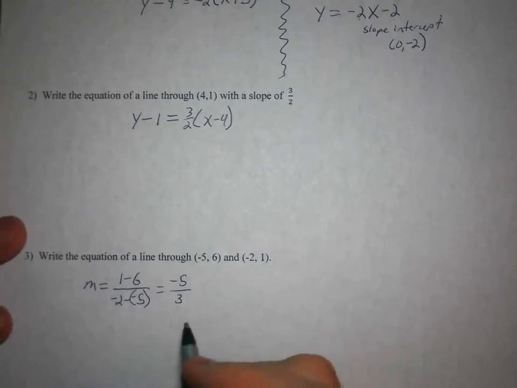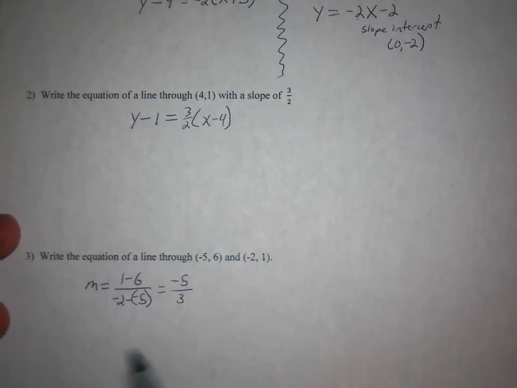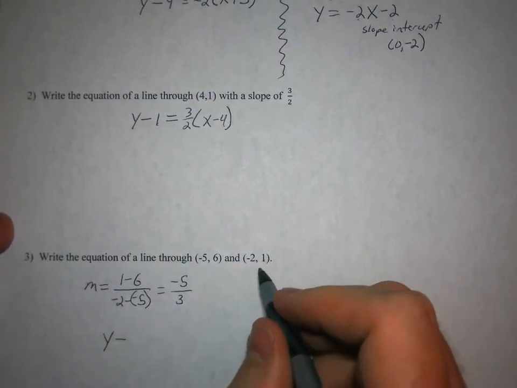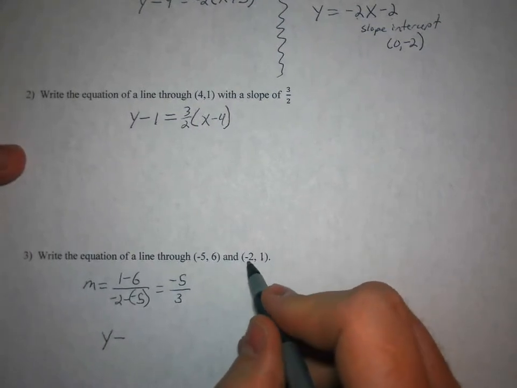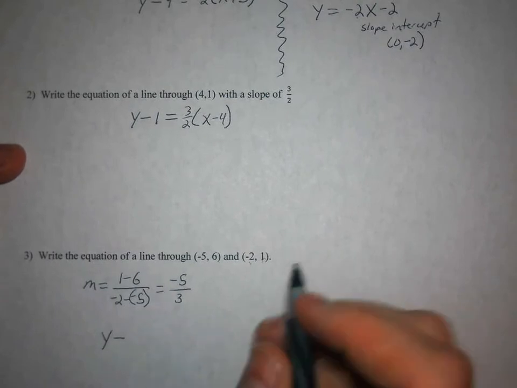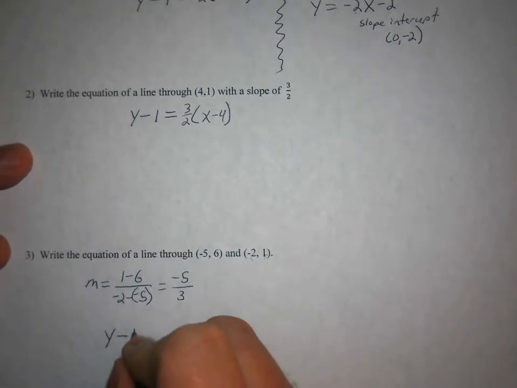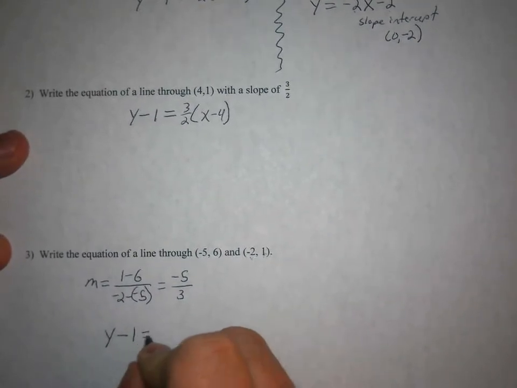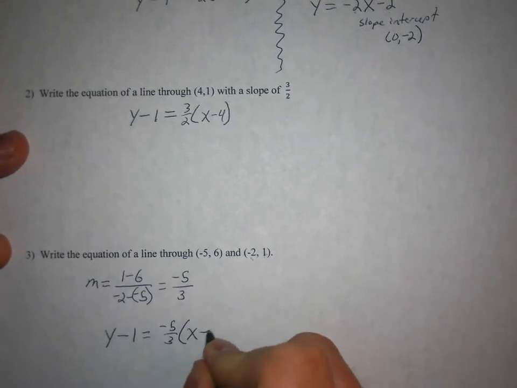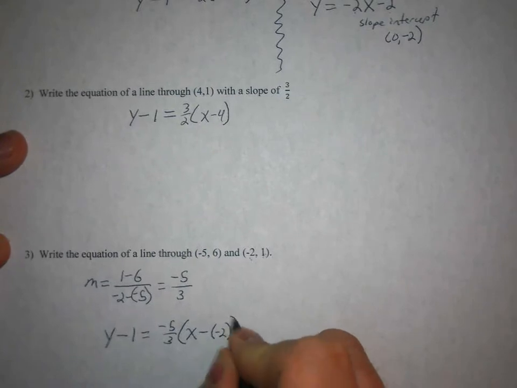So the point-slope form, y minus y1. So I'm just going to use the 1 and negative 2 for the x and y, x1, y1. So that'd be y minus 1 equals negative 5/3 times x minus negative 2.